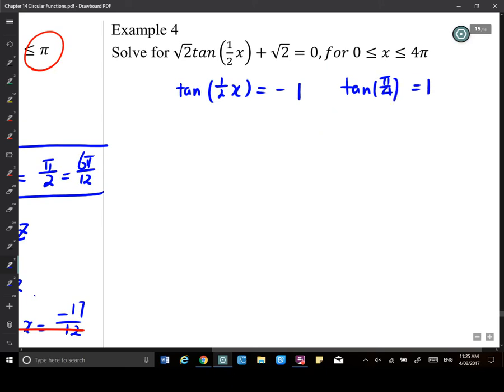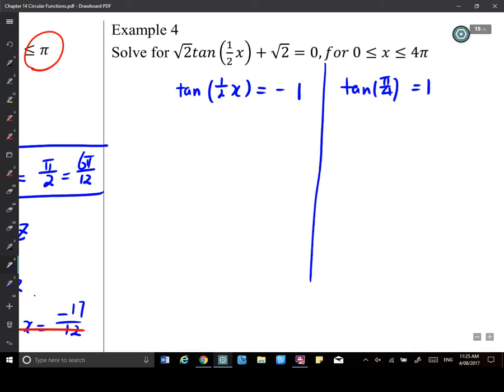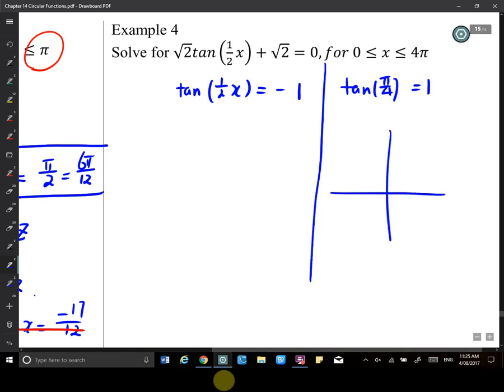So it's either in the first quadrant or in the second quadrant. It must be in the second quadrant because tan is negative in the second quadrant, and you need a base angle pi on 4 here. The actual angle you're talking about is 3 pi on 4, not pi on 4.